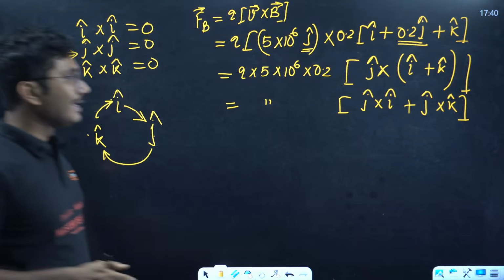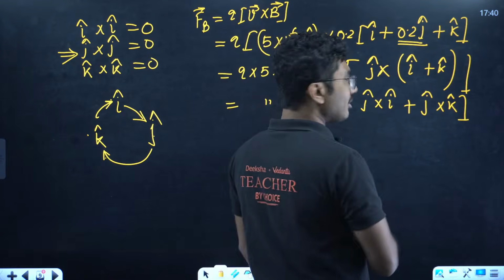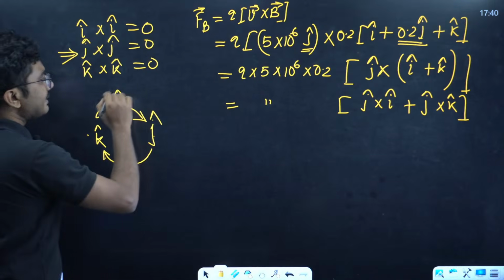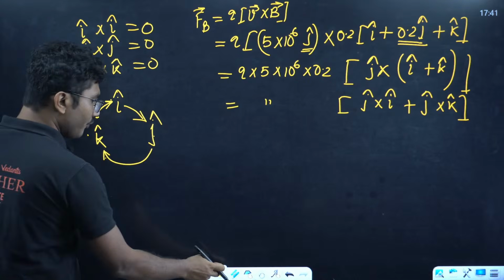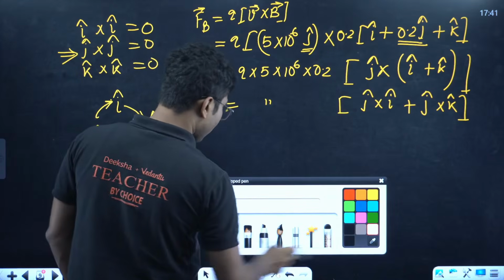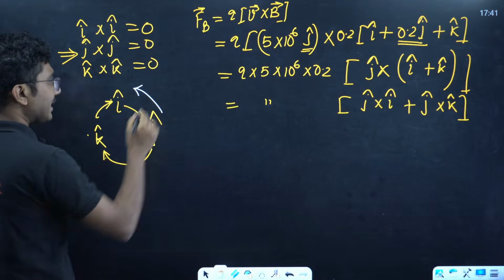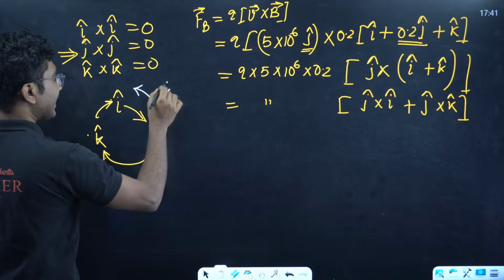But sir, here we do not have I cross J, but we have J cross I. I cross J is in the clockwise order. Now if you move in the anti-clockwise order, going in the opposite direction will give you the negative.